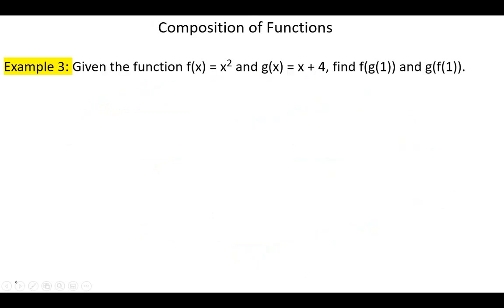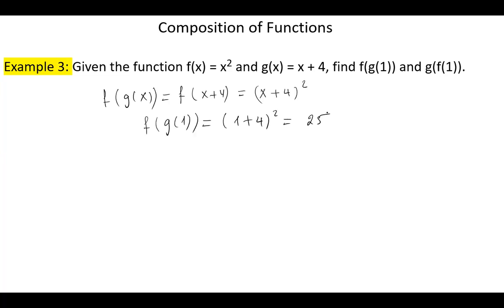Next example. Given the functions f of x equals x squared and g of x equals x plus 4, find (f compose g) of 1 and (g compose f) of 1. First, (f compose g) of x equals f of x plus 4. Now in the function f, instead of x, we substitute x plus 4. Hence, (f compose g) of 1 equals 1 plus 4 squared, which is 25.